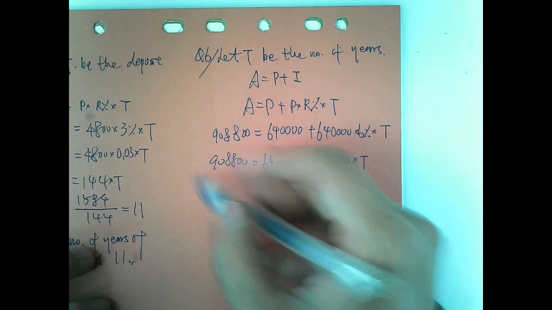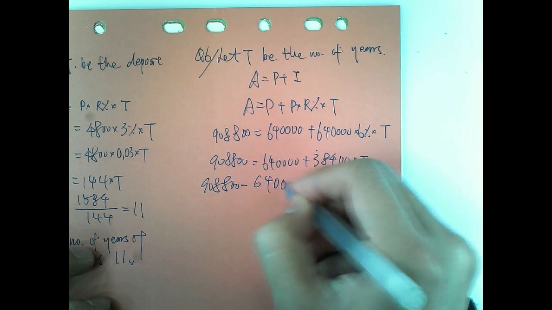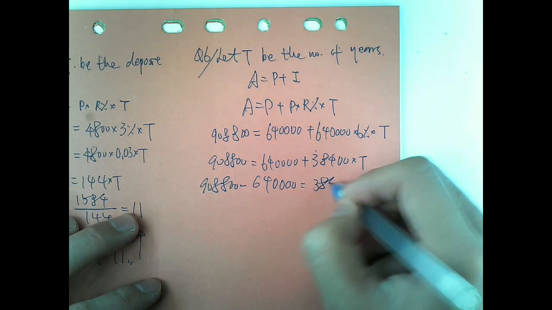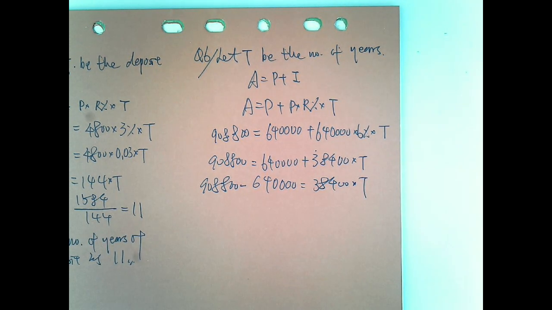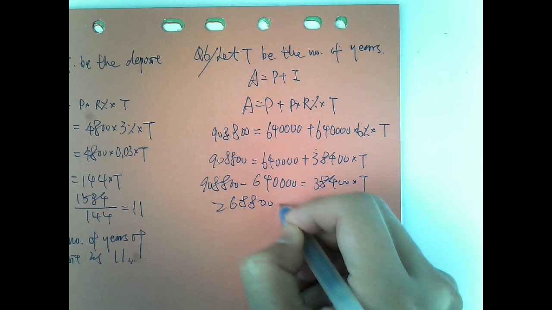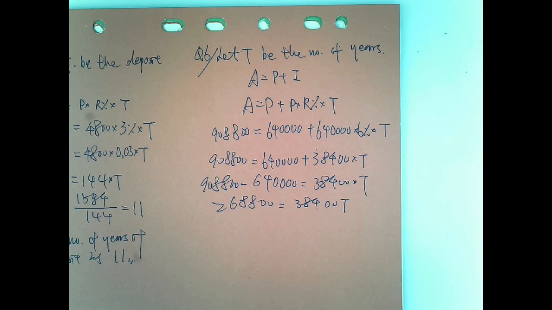Minus 640,000 from both sides first. Always go to your calculator. So you have this. And then divide both sides by 38,400.